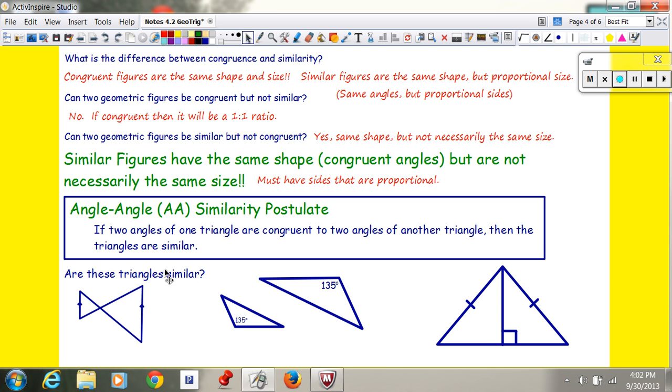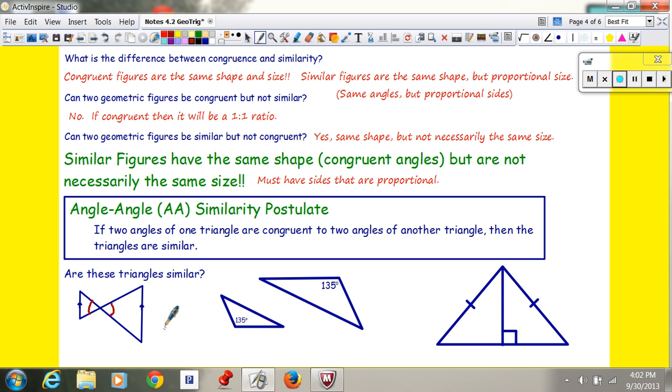So you just need to see if two angles in one can be found to be congruent to two angles in another. Now in this first little diagram, the first thing I notice is vertical angles. So I know I have this congruent to this. The second thing I notice is parallel lines.